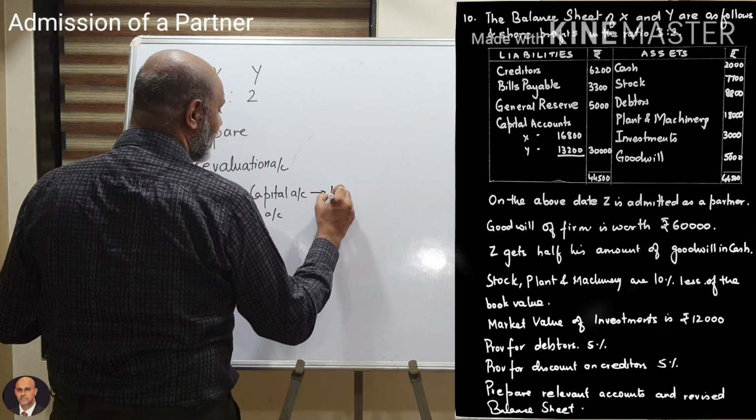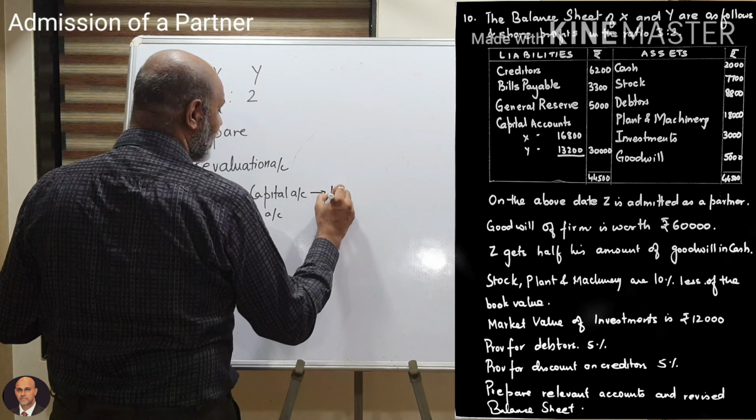The journal entry for general reserve is general reserve debit. Why? Because it had a credit balance in the liabilities, and this gets distributed amongst the two existing or the old partners, to X's capital, to Y's capital account.